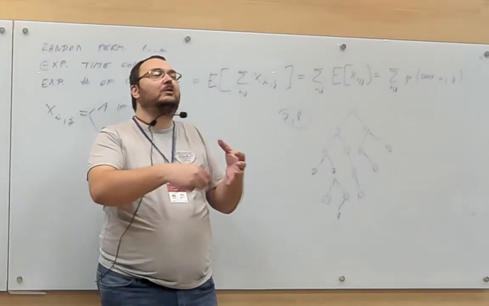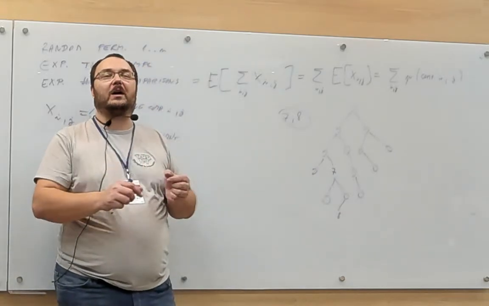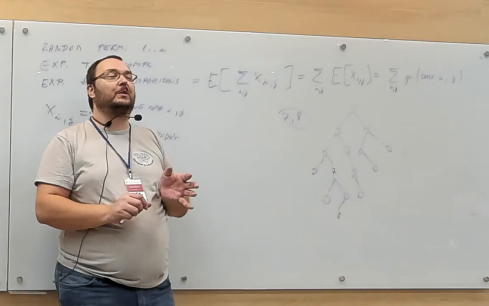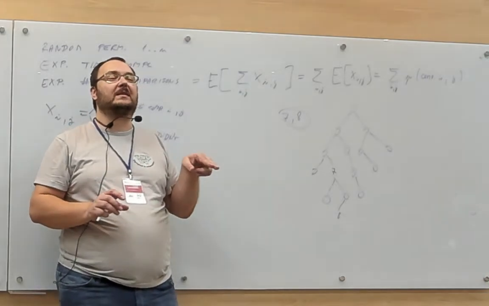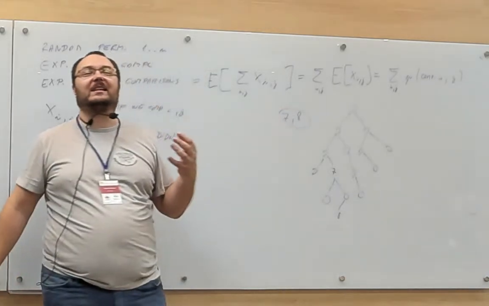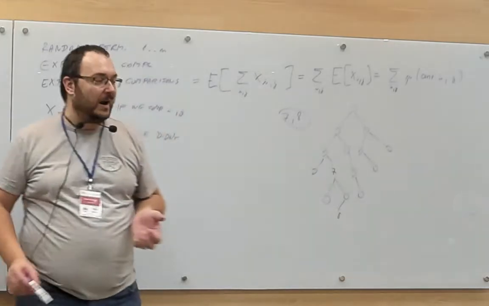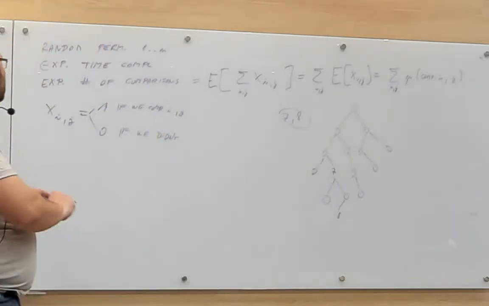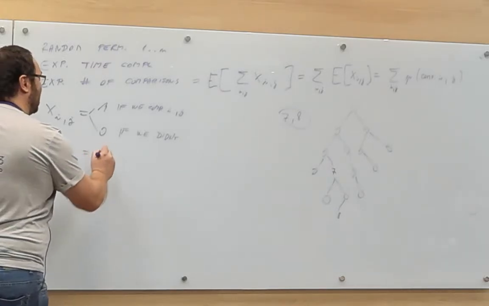So the tree had to do all the comparisons during the insertion to be sure of the order of elements. And in order to be sure about the order of all elements, you need to compare each pair of consecutive elements at some point in time. So yeah, this is a nice sanity check that we are getting reasonable outcomes. So the 7 and the 8 have to be compared, and each pair of consecutive elements has to be compared. So the probability for x_i and x_{i+1} is always 1.